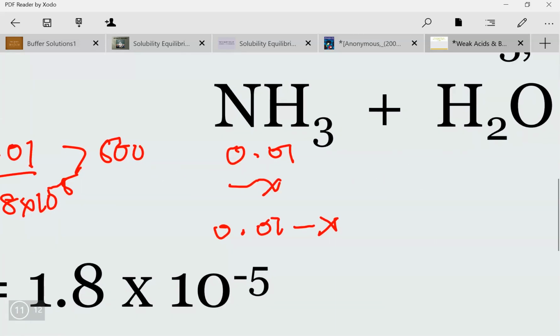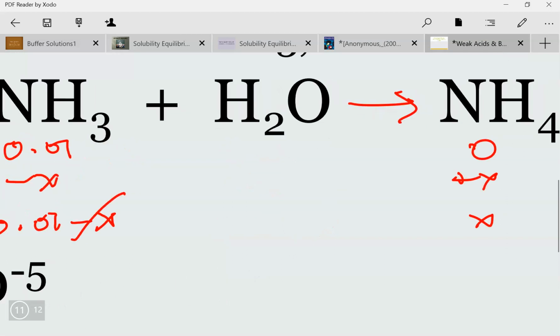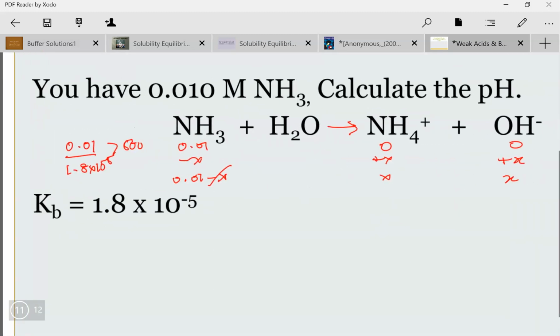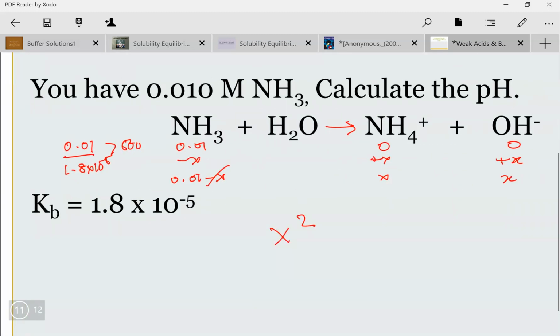Just about greater than 500. Cancel the negative x, plus x, so my general expression, x squared divided by 0.01 equals Kb, and the 0.01 is the concentration.